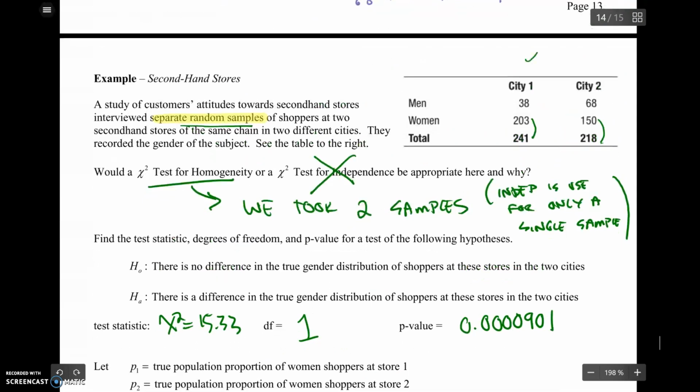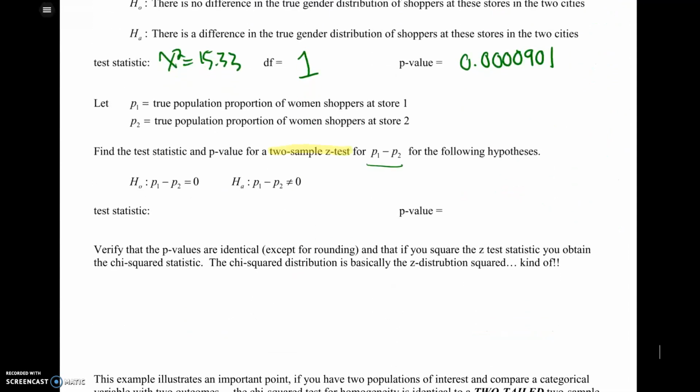Since there's only 2 populations, and the categorical variable is binary, guy or girl, with only 2 outcomes, I could just test to see if those proportions were different. And if those proportions are significantly different, then of course the guy proportions are as well. We can do this because there's only 2 responses, not red, blue, green, yellow, or multiple responses.